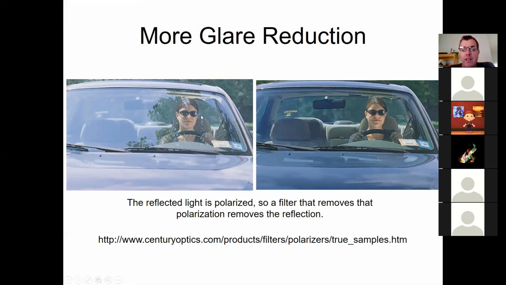If I just had plain absorbers that weren't polarizers, well, looking at this picture, I would see the car dimmer, but I would also see the person on the interior of the car looking dimmer.